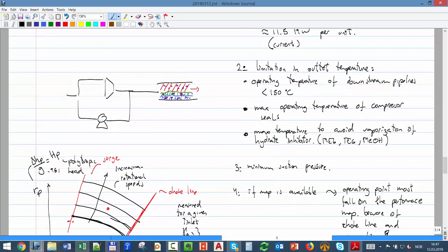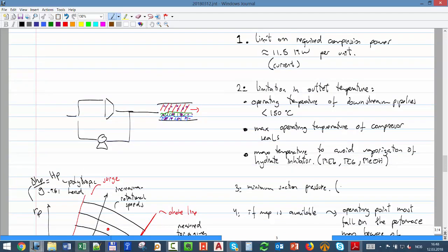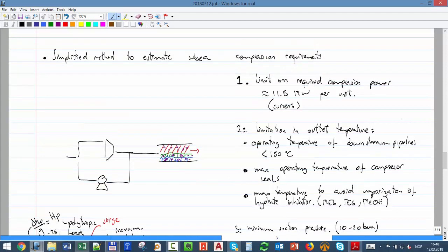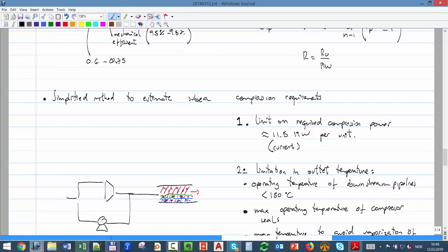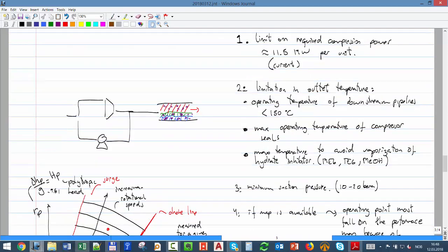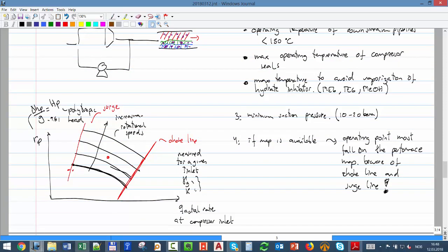We have a minimum suction pressure we need to have, typically in the order of maybe 10 to 20 bar. We have a maximum temperature, which we have to keep below a certain number, and we have a limit on the power. If you're working with a multi-phase booster, this usually is like 5 megawatts per unit. If you're talking about a compressor, it's a bit higher, 11. Still, there is nothing higher in the market.